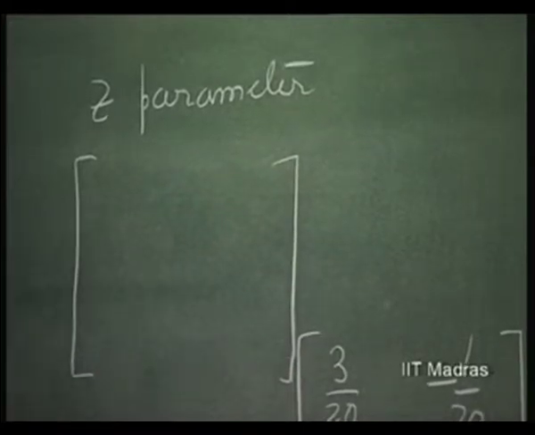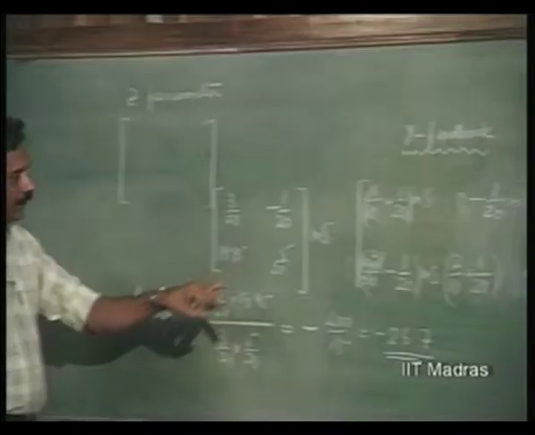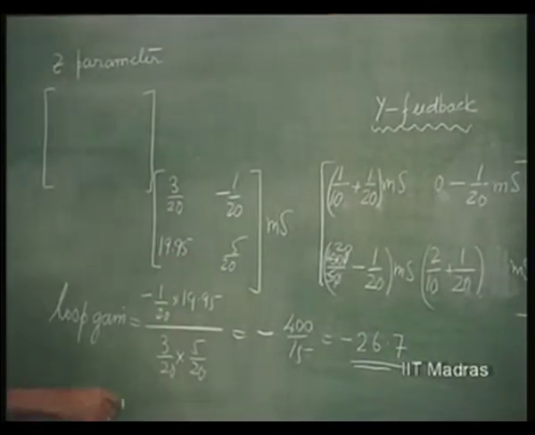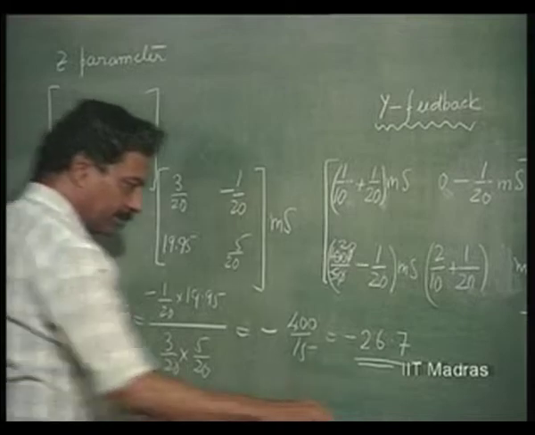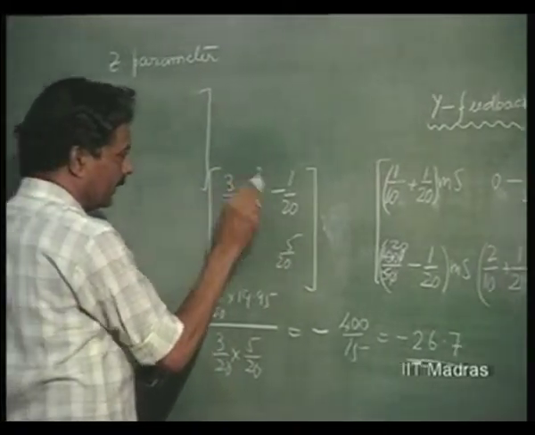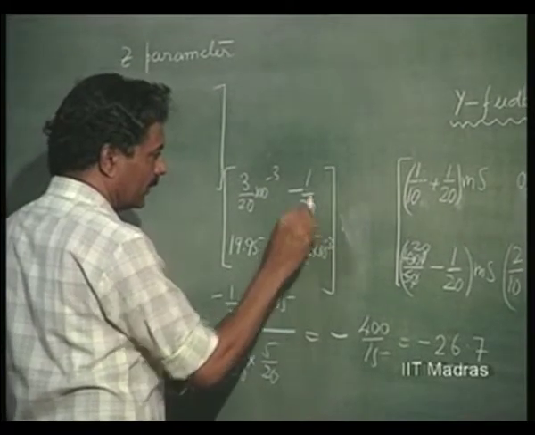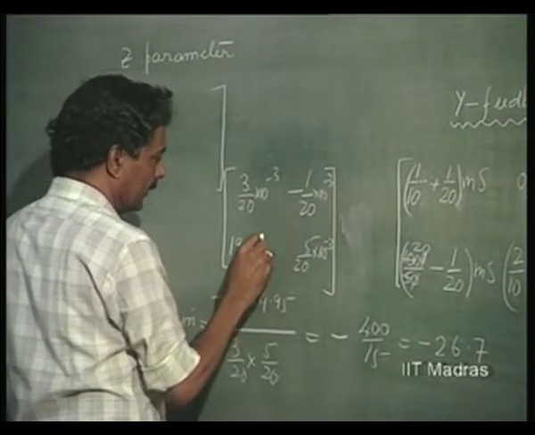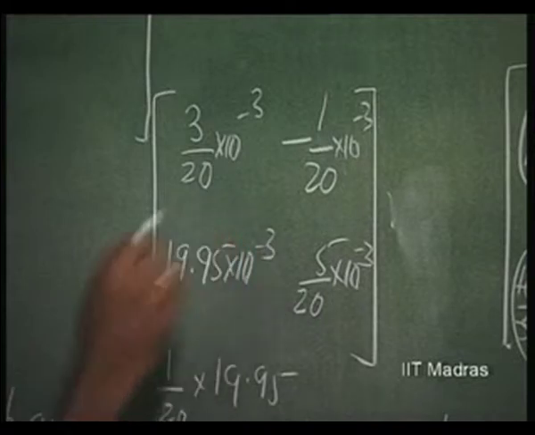So, this is easy, right. These are all millisiemens. So, actually speaking, we have 10 to the power minus 3 coming into picture everywhere.